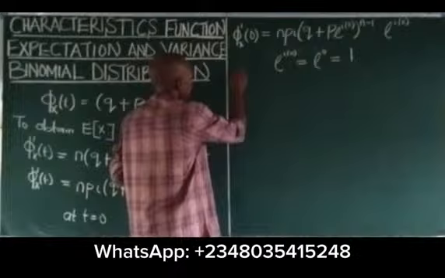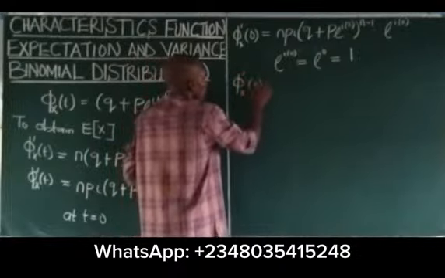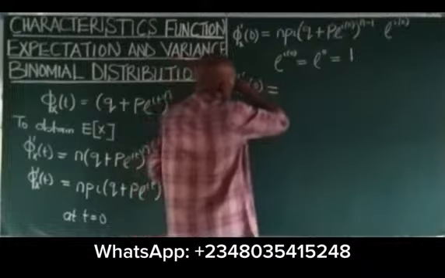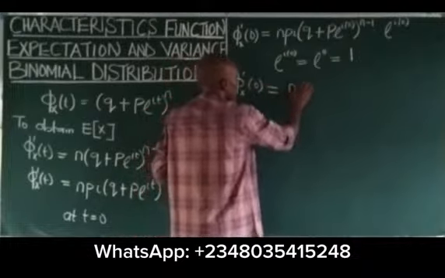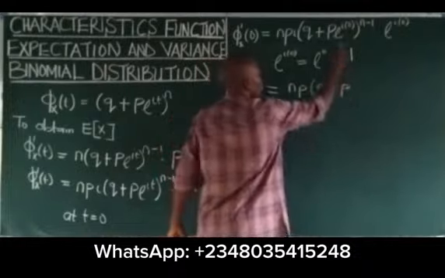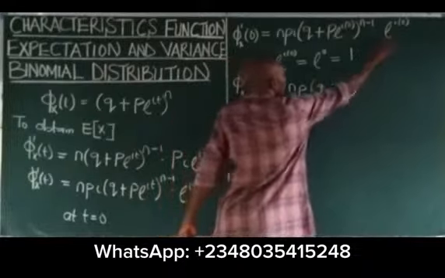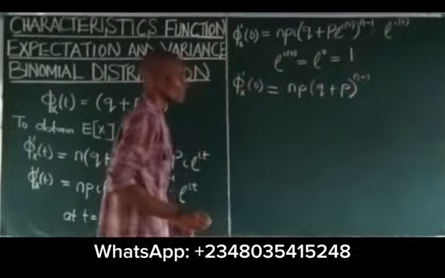So we have that the first derivative of the characteristic function at t equal to 0 is npi into (q + p)^{n-1}, because this has turned to 1. This has also turned to 1.